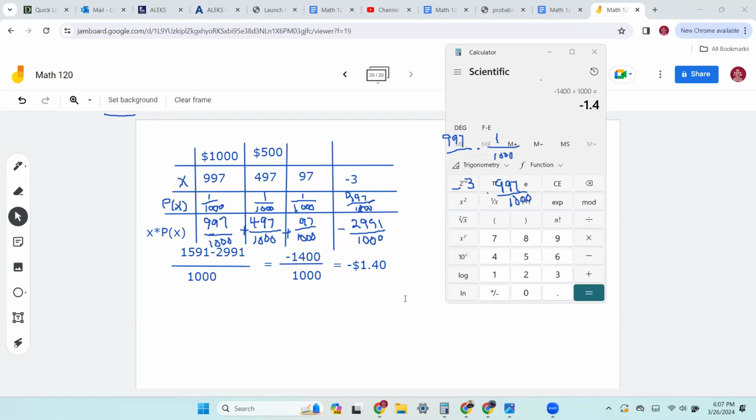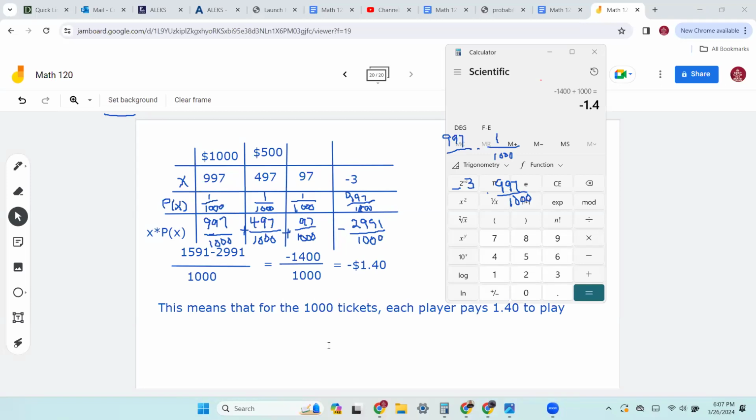But here's what the expected value means. Of the 1,000 tickets sold, each player pays, on average, $1.40 to play.